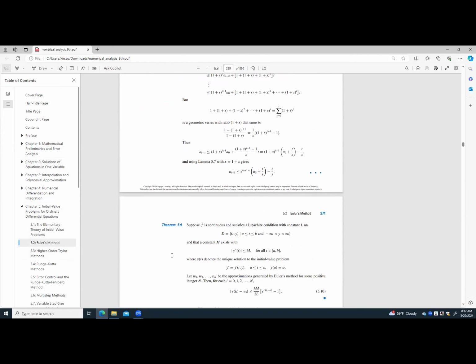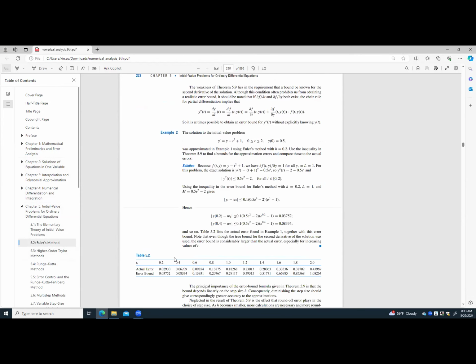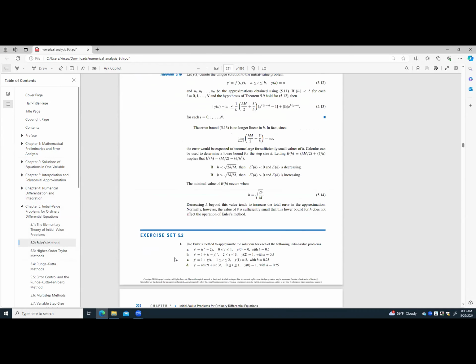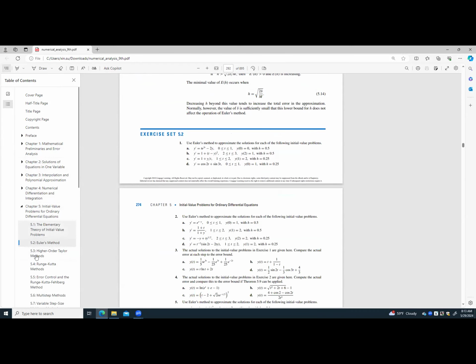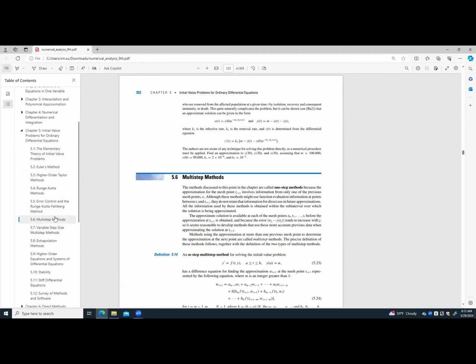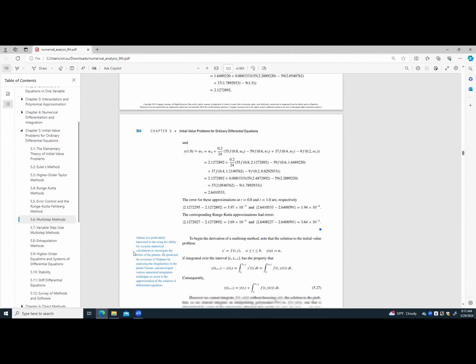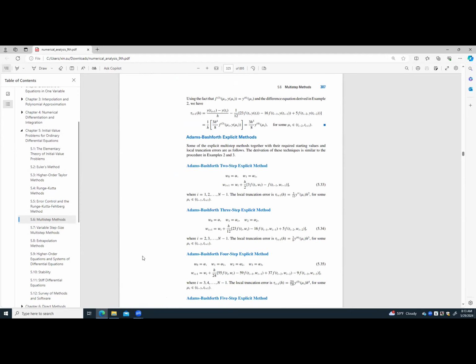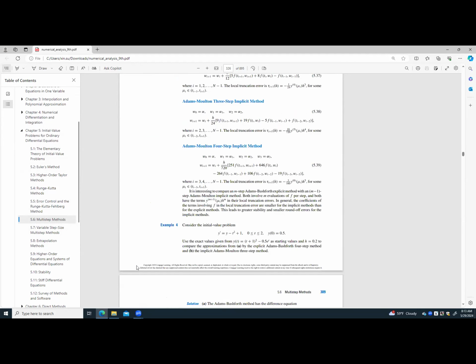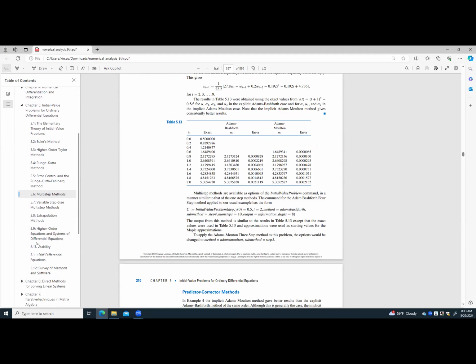Error bounds, okay, it's quite a lengthy part. I don't think there is anything you need to read for this part. I guess that's all the things you might need to read for the final exam.